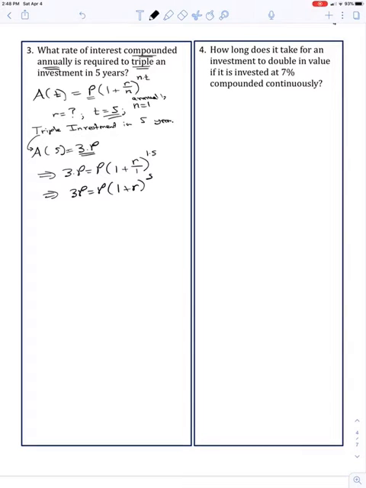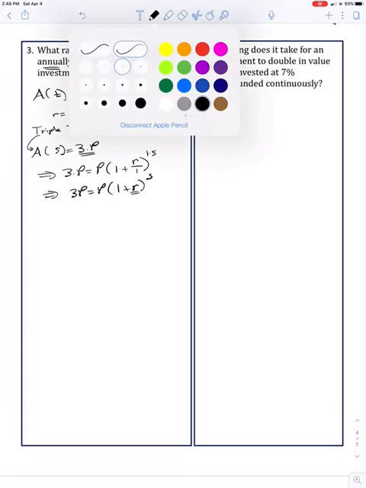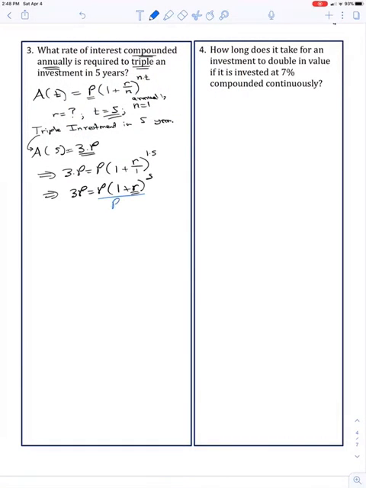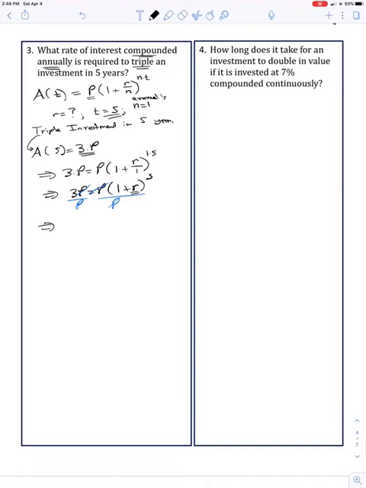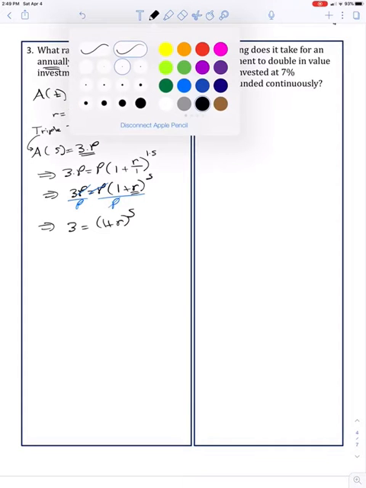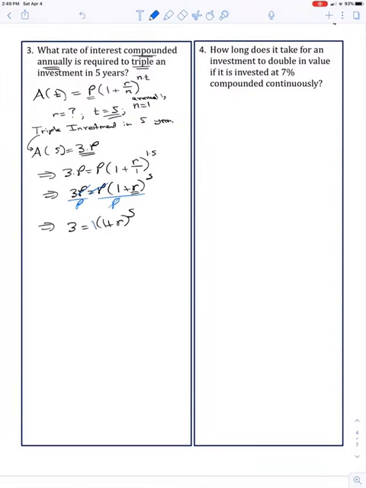Now as we're going to solve that, of course we're trying to solve for R. So I'm going to go ahead and get rid of P. Let's divide out the P on both sides. So as we do that, we come up with our equation now, reading 3 equal to 1 plus R raised to the 5th power. Now if we're going to solve that, we're going to take the 5th root, right?